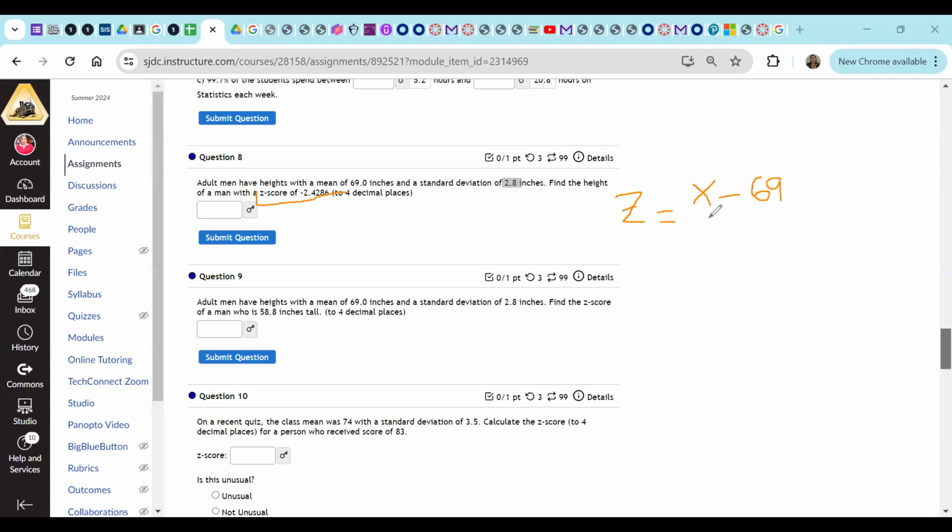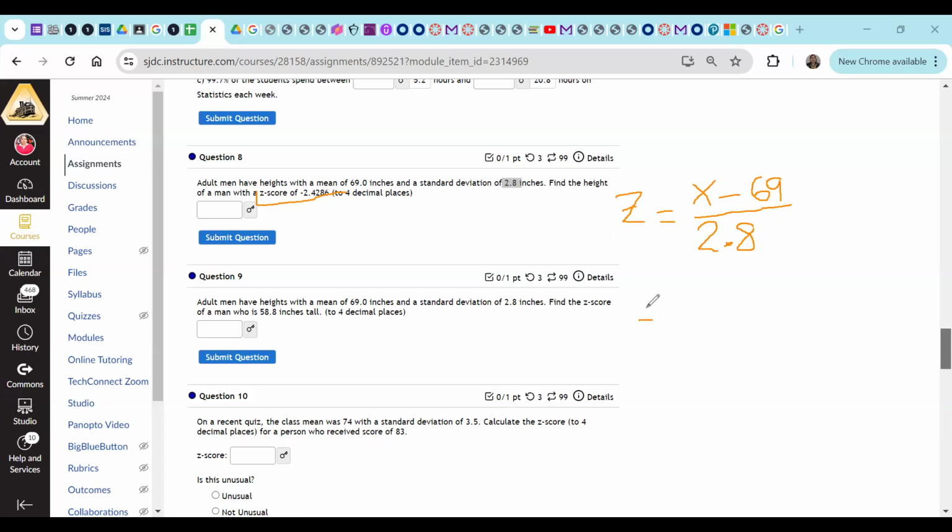divided by the standard deviation, which is 2.8. The z-score is given to us.